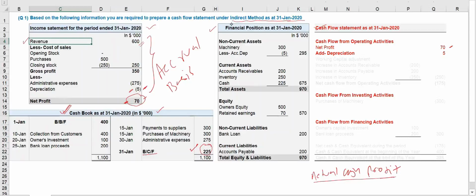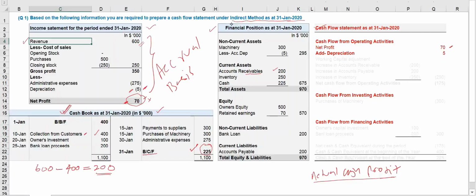So when you look at the cash book, how much have you received from the customers? The cash collection is 400,000. Then you can see in the financial position, there is an accounts receivable balance of 200,000, which means out of 600,000 revenue, the amount received is 400,000 and therefore 200,000 is to be received from the customers.